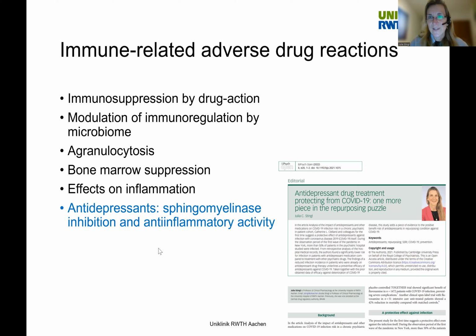Hereby COVID-19 has been shown that people taking antidepressant drugs are somehow protected from the infections with COVID-19, and also the severity of the infections was lower than in people not treated with antidepressants. So we have plenty of ways and pathways how drugs and drug therapy affects our immune system and causes side effects that are deeply affecting immunoreactions of our body.